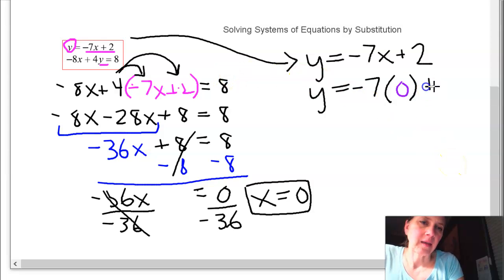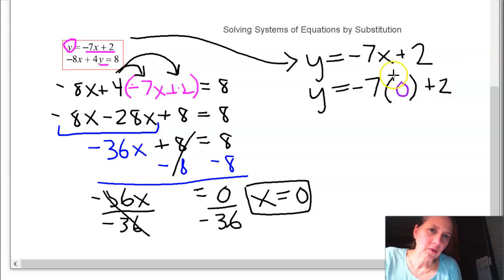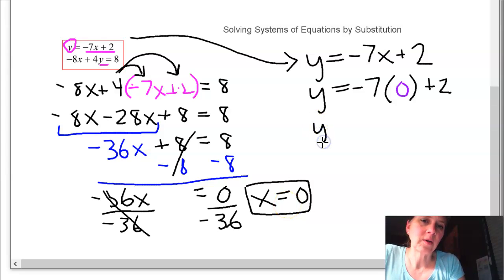And then I add the 2. You can see the rest of this is all exactly the same. The only thing that changed is that the x became the 0, which is what I got from right here. So then I can say y equals negative 7 times 0, which is 0, plus 2.